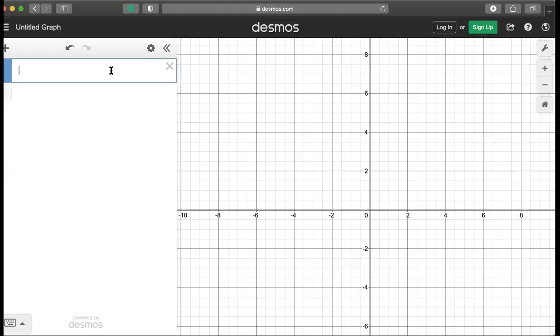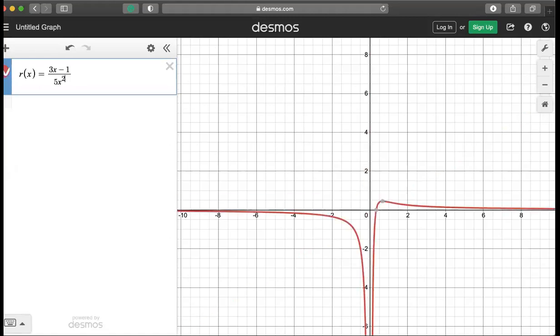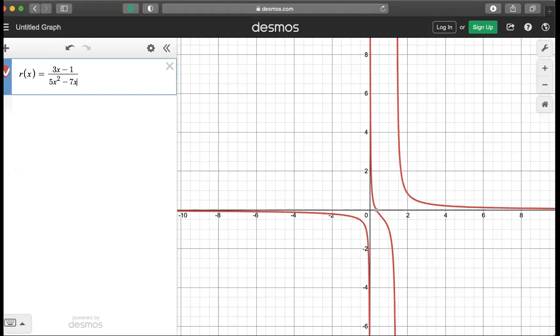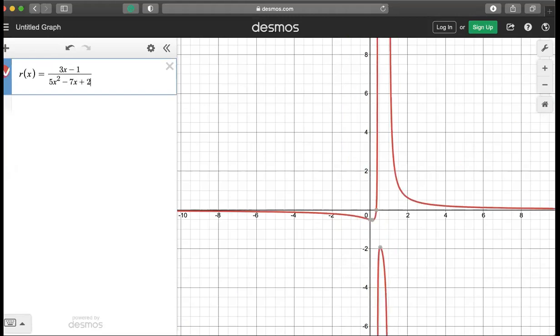Here we are. And now let's type in the function. So the function was r of x is equal to 3x minus 1 over 5x squared minus 7x plus 2.